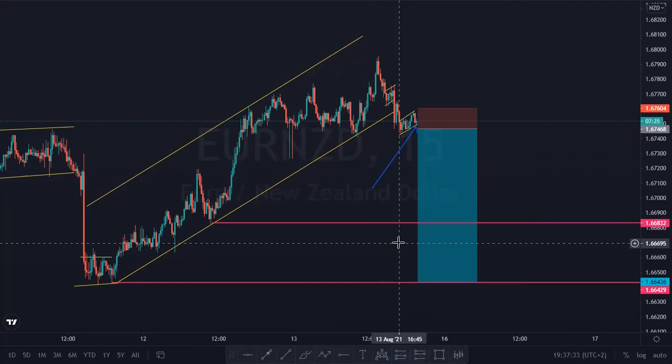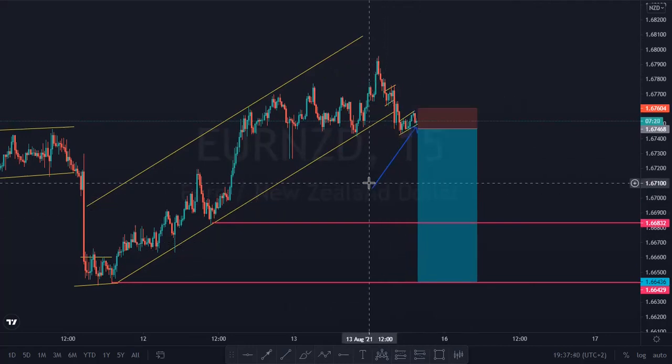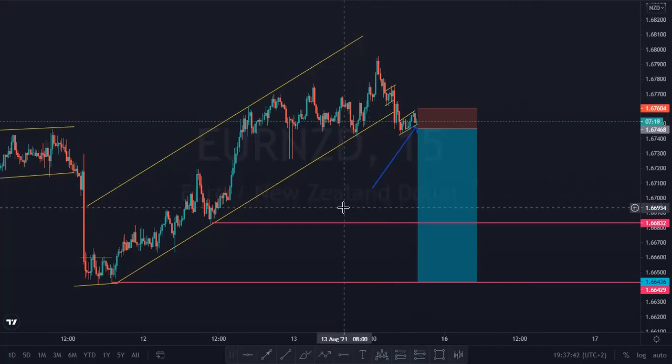It can be Tuesday, it can be the same day, Monday. It depends on the volatility of the market. So guys, this is how I analyze the chart, from the 1 week top down analysis to the 15-minute chart, where I take my entries.